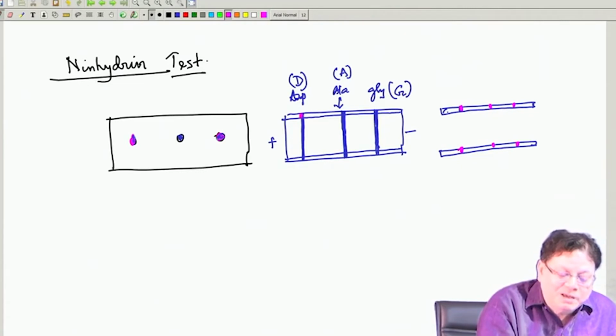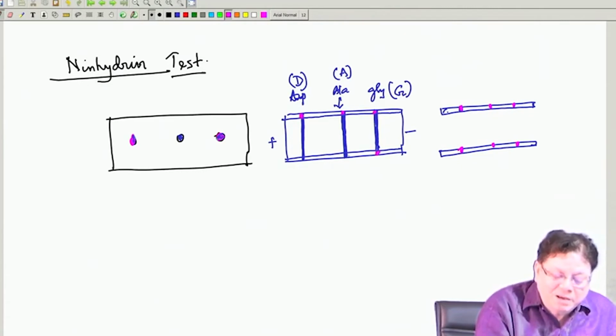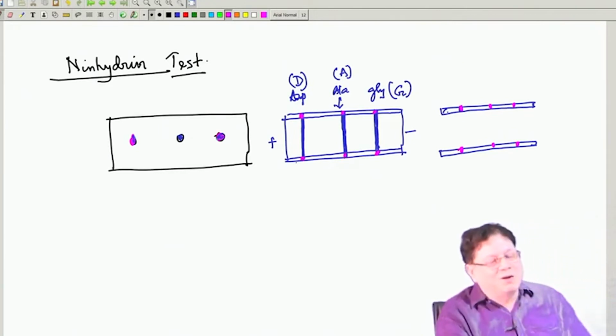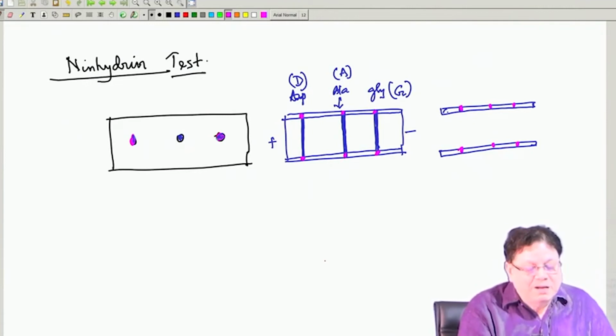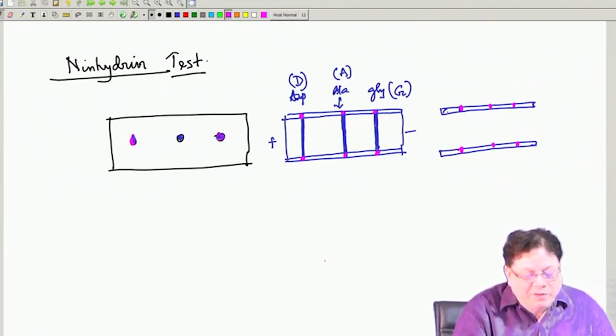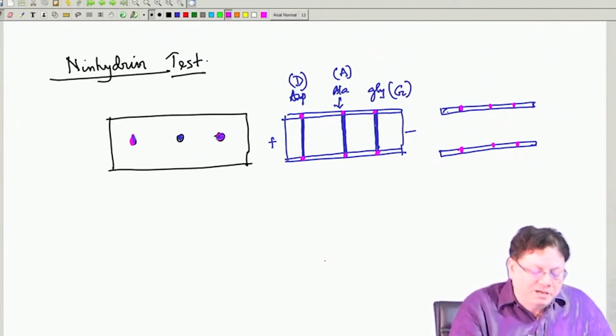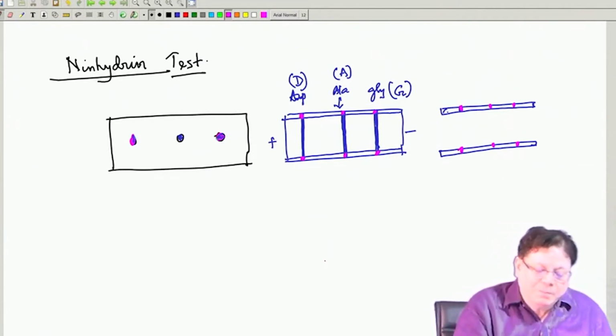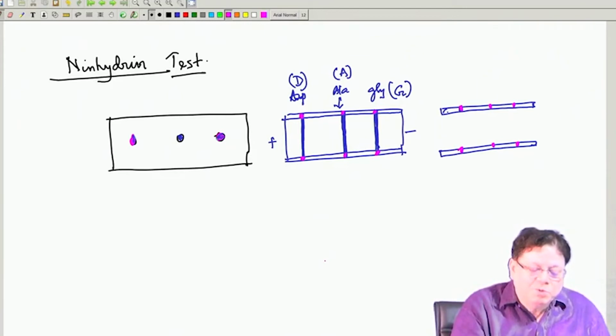So, now I will see a band here, a band there, a band there, and this is a kind of bluish violet. There is no well defined color; I cannot say that this is pink or this is magenta. But some books say that it is bluish violet or bluish pink type color. So, this is the color.